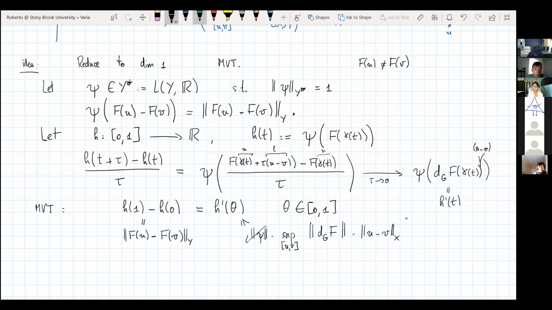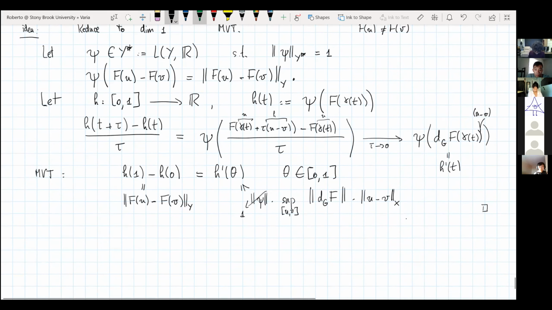This is 1, and this is what we wanted to prove. So again, the main idea is that we reduce to dimension 1, and there we can apply the standard theorems that we know in finite dimension, and then we go back to infinite dimension.